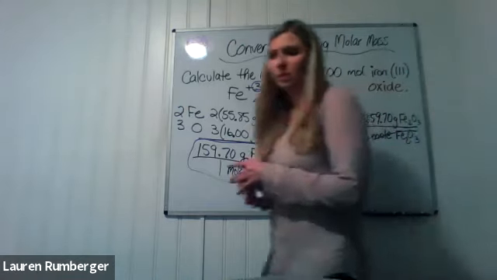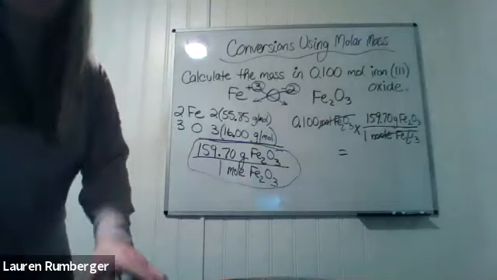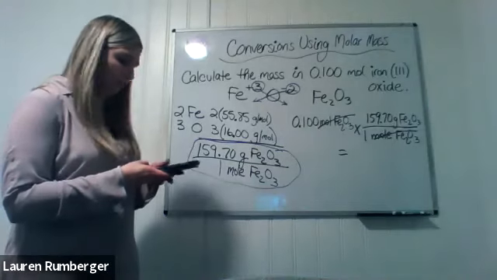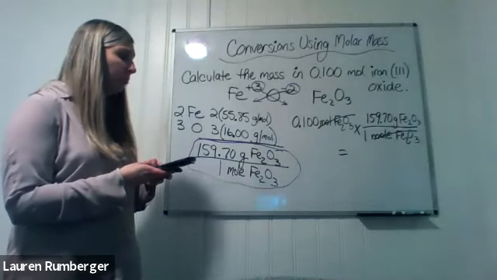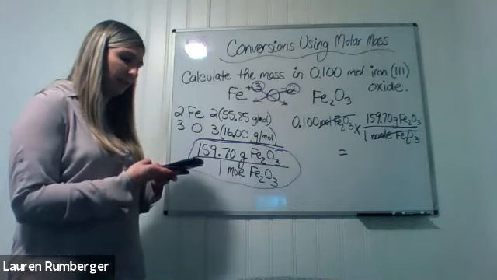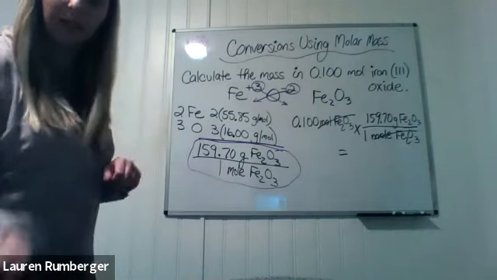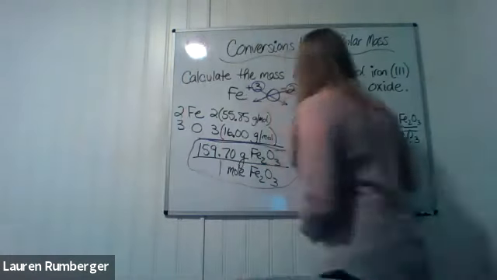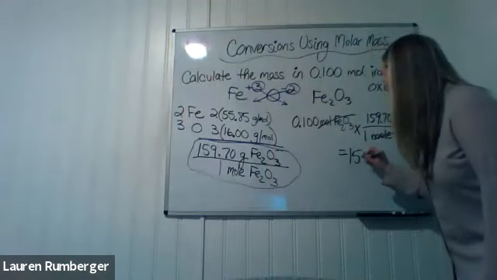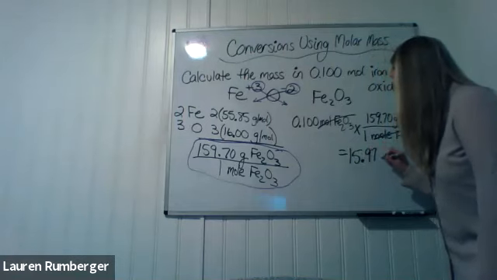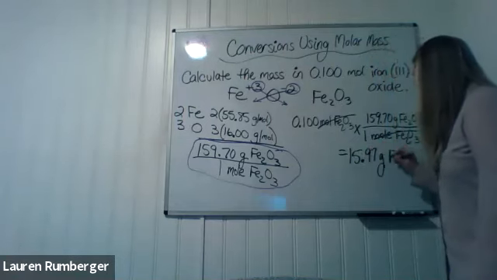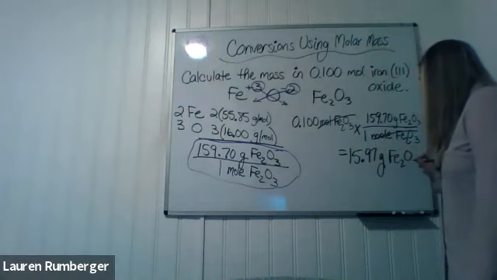So now that our units have been canceled appropriately, we can solve with our calculator. 0.1 times 159.7 gives us 15.97 grams. 15.97 grams, and that is of iron 3 oxide.